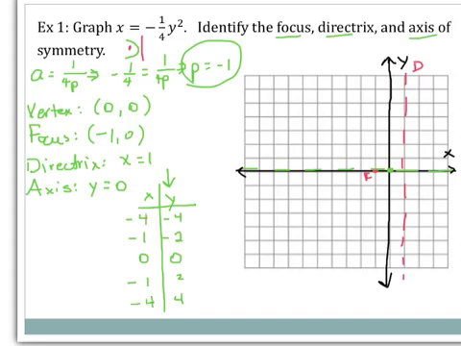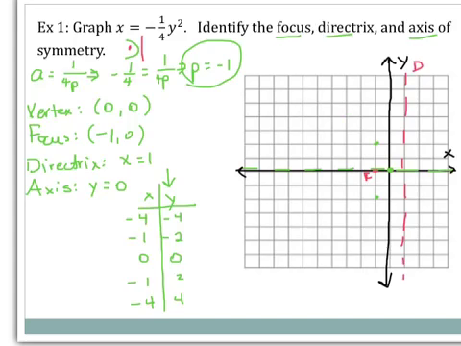Okay, so let's plot the points. So we've got -1, -2, that goes down here, and -4, -4, that goes down here. And then we have -1, 2, and -4, +4. And then we're going to connect these in as, oh, I think I missed some points.